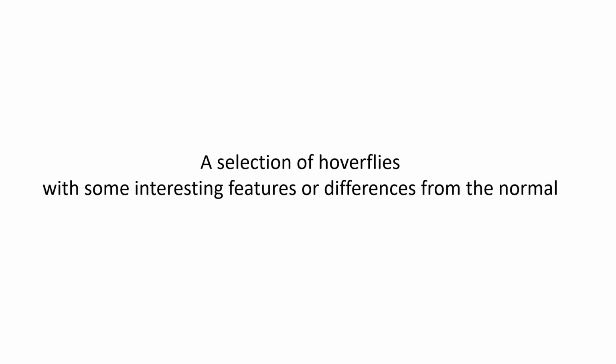So I'm now going to show you a few hoverflies that haven't been fitted in for one reason or another so far, but are worth putting in because of interesting features or differences from normal, or well, multiple reasons really. So here we go.